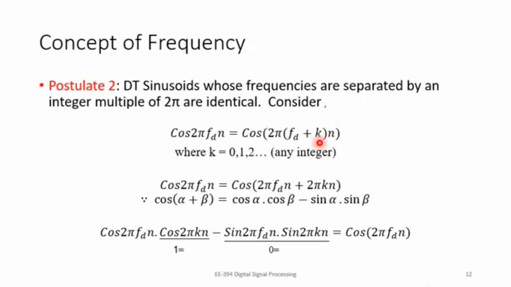So if we compare this expression with this expression, we see that the frequencies of the two expressions are separated by an integer multiple of 2 pi, and that's what this term means: the frequency of this expression and the frequency of this expression are distinct by an integer multiple of 2 pi.